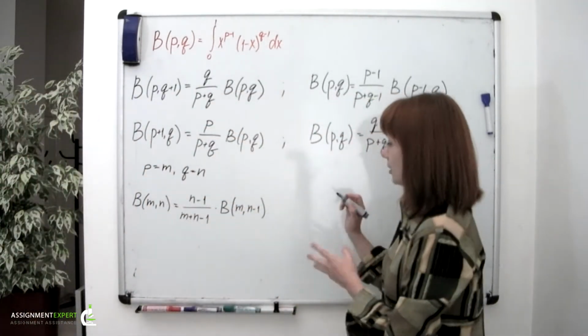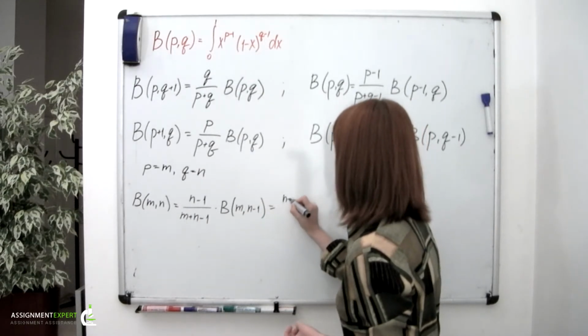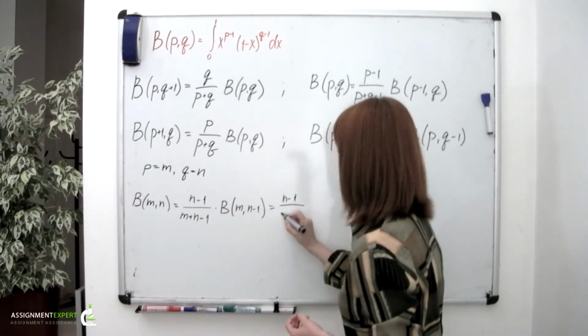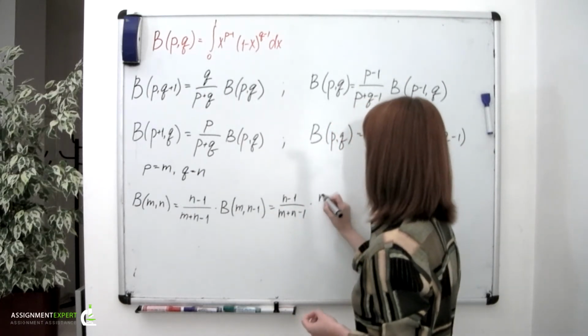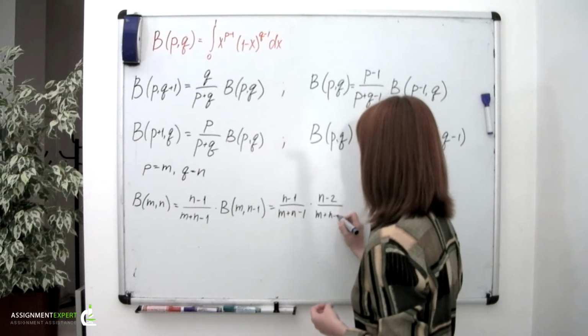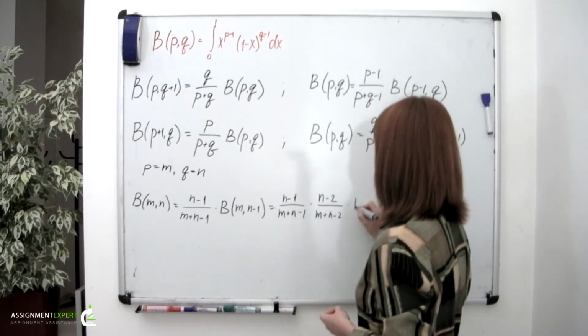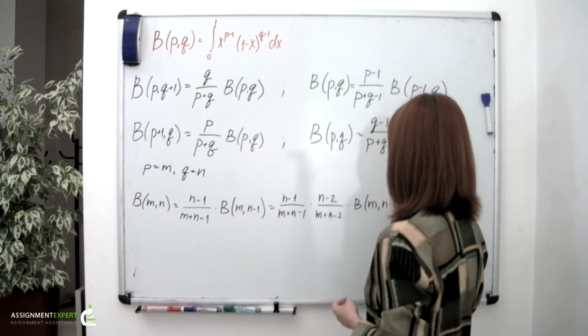Now if we apply it, we'll have (n minus 1) over (m plus n minus 1) times (n minus 2) over (m plus n minus 2) times beta of m and n minus 2.